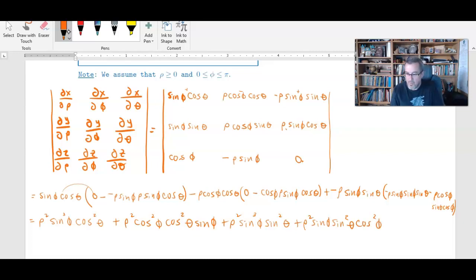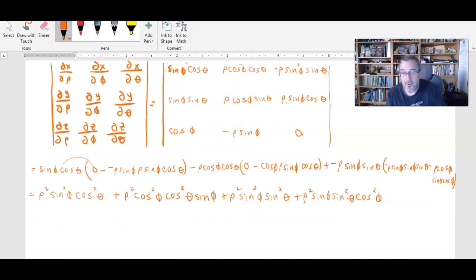Wow, look at that. 1, 2, 3, 4 terms, and somehow all of this is going to boil down to rho squared sine phi. Now what happens next is just a whole bunch of algebra and trigonometry. What I'd like you to see first is, suppose we clump together the first two and the last two terms, just to get started here. And what I see in these first two terms is a common factor of cosine squared theta.